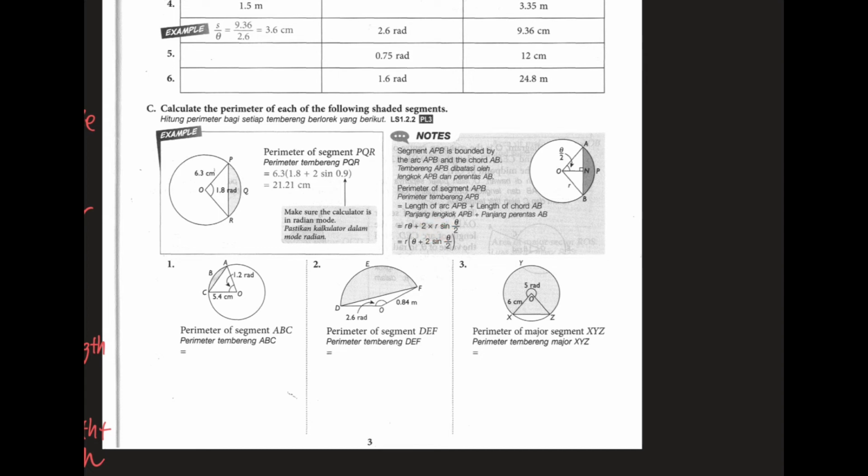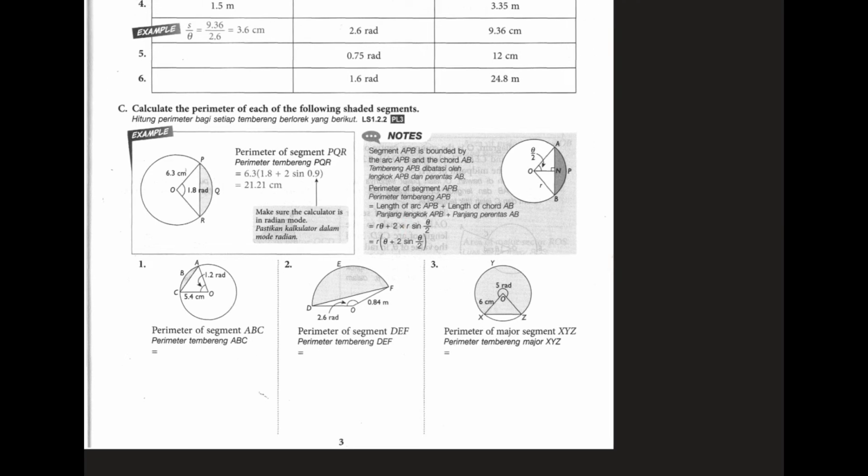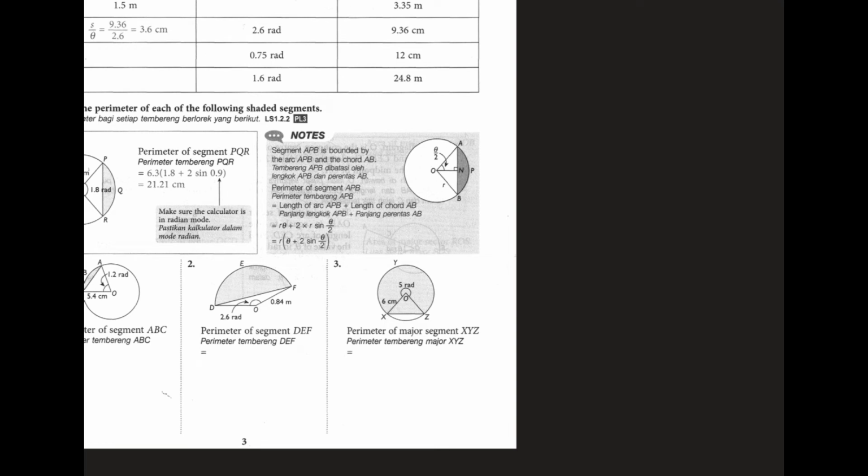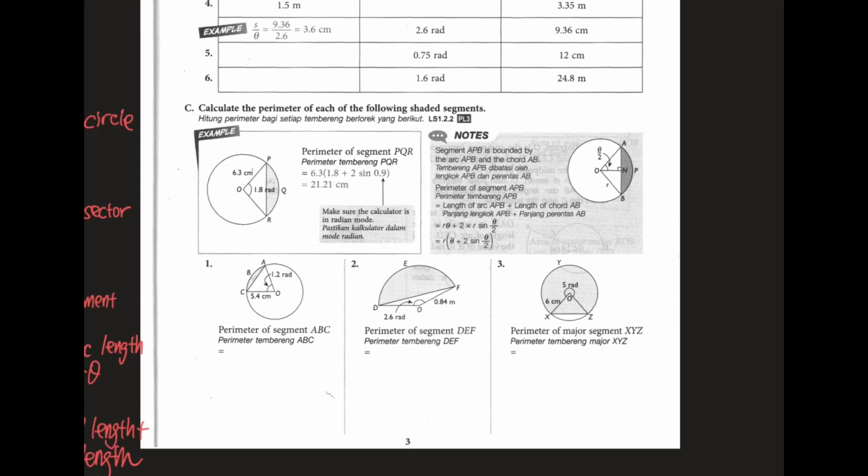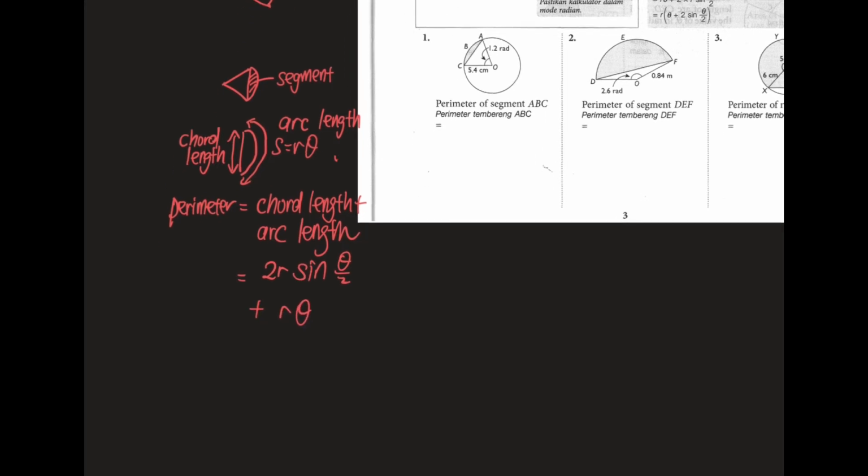When you use this formula, you must be careful. Okay, so maybe I write at the side here. Okay, here will be better since I have this here. Okay, so chord length 2R sine theta over 2. Arc length R theta.